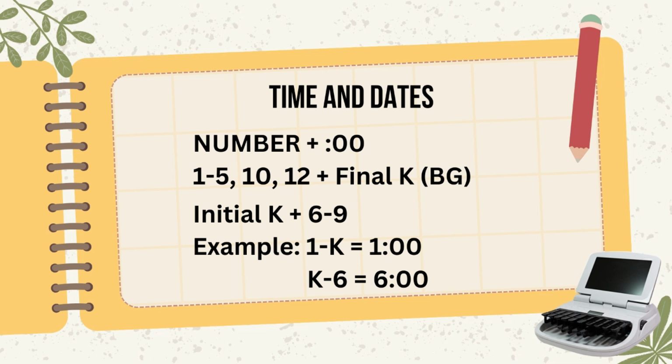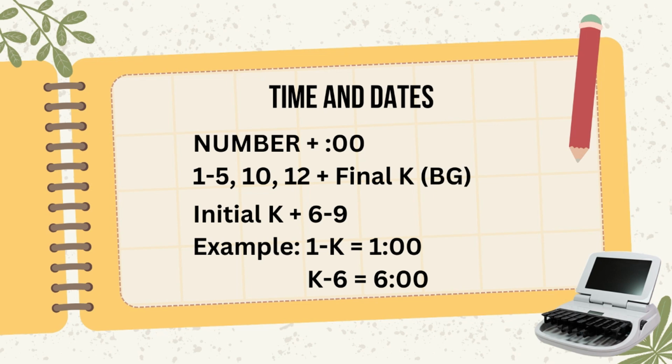For example, for numbers 1, 2, 3, 4, 5, 10, and 12, we just add final K. So the number and then the final K, that is already how we write the time. For example, 1 and then final K, so it appears as 1 colon 00.